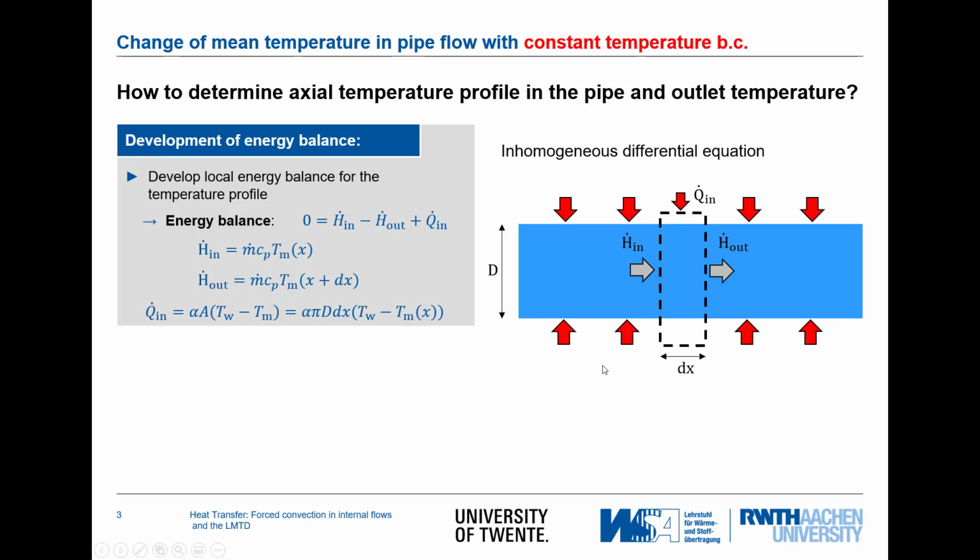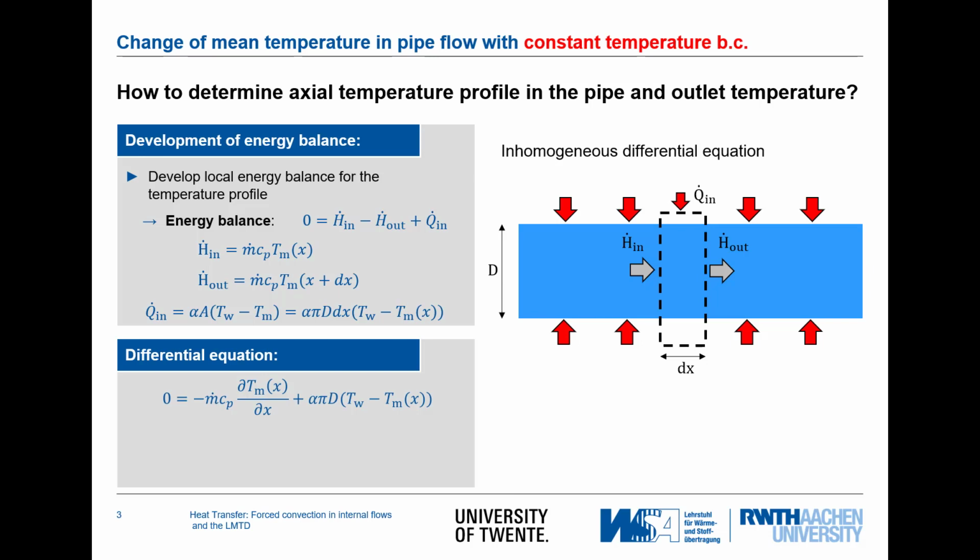The area for this infinitesimal element is the circumferential area of the pipe, so pi times D times the infinitesimal element dx. And we can see we have here a dx, and we know from Taylor's series expansion we will get here a dx, and this will cross out. I will not go into the details. I think this is something which we all know from the conduction lectures already.